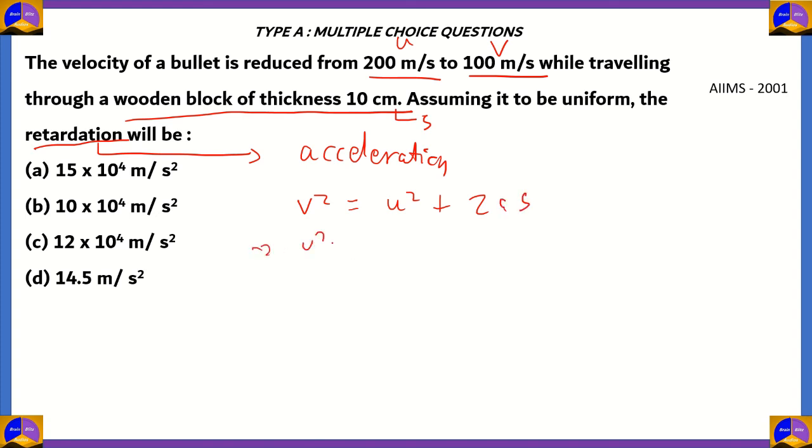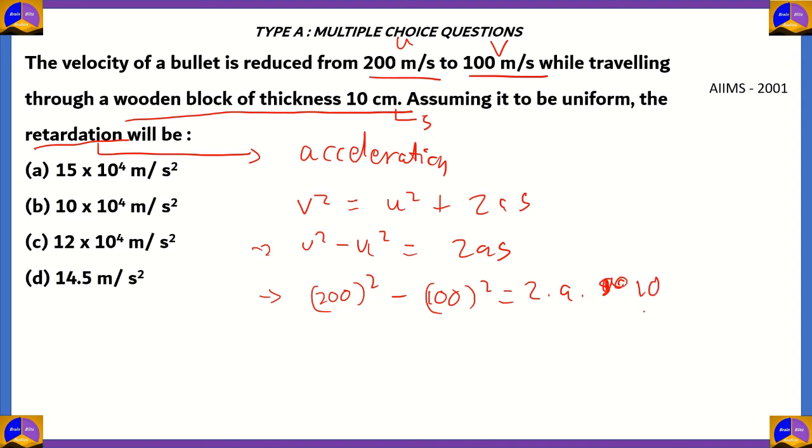We can also write this as V square minus U square equals 2AS. So V is 200, so 200 whole square minus 100 the whole square equals 2 times acceleration times 10 centimeters, which is 10 divided by 100.